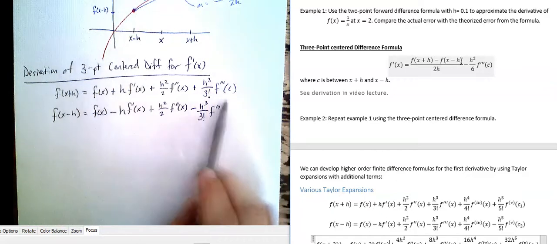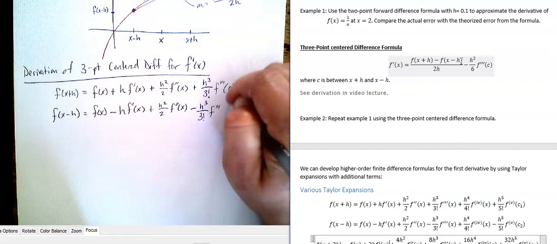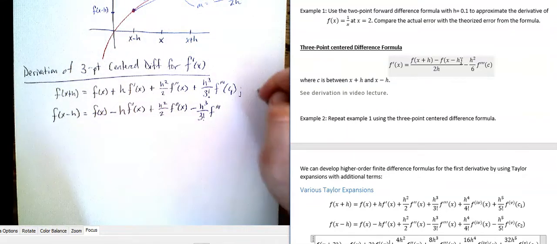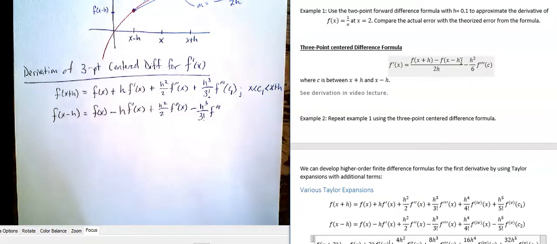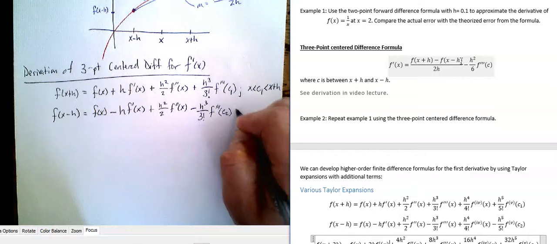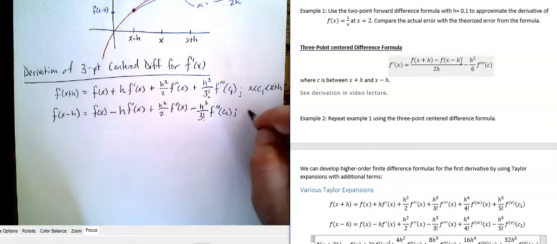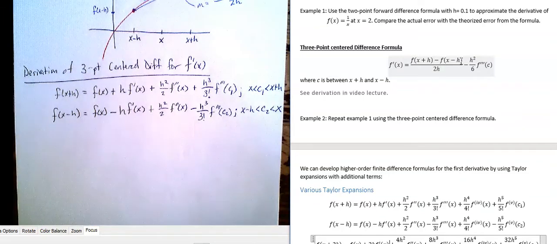And since this c is in between, let's call this c1. So c1 is between x and x plus h. Here we're going to have a different c because we're centered at a different location. So this one's going to be in between x minus h and x. Okay.